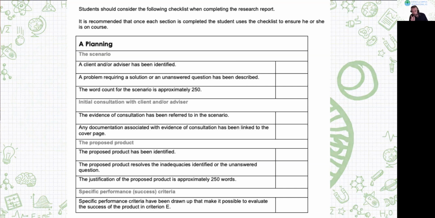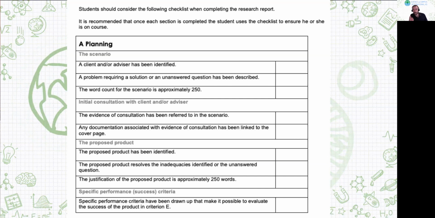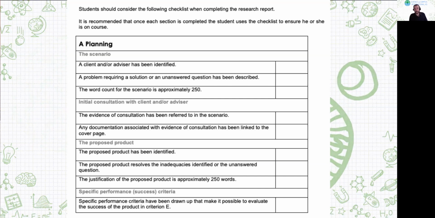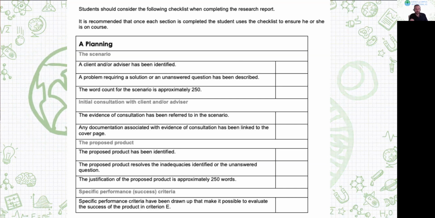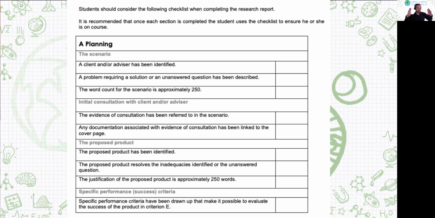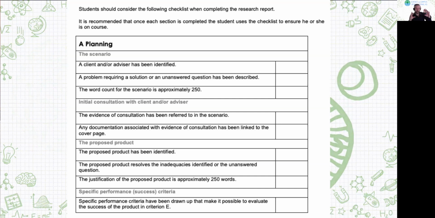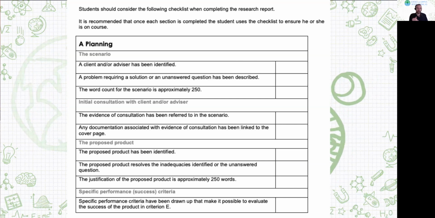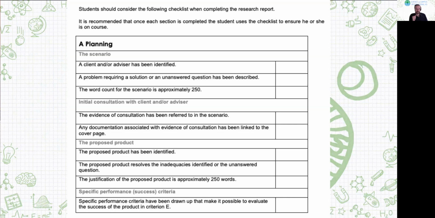You want to get little details down. Is the user able to click on the boxes in the program? Yes or no? That's a really easy one to evaluate. So don't make them vague, make them very specific, and make as many performance criteria as you can that go through every step of what you see as your project.